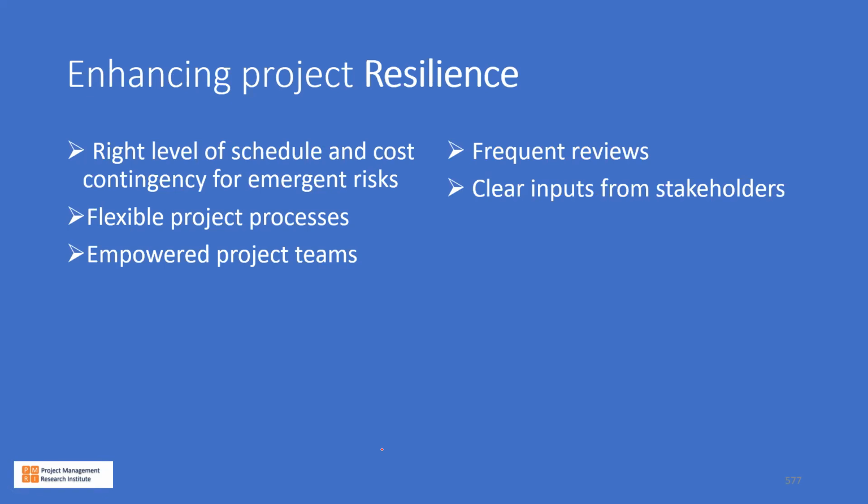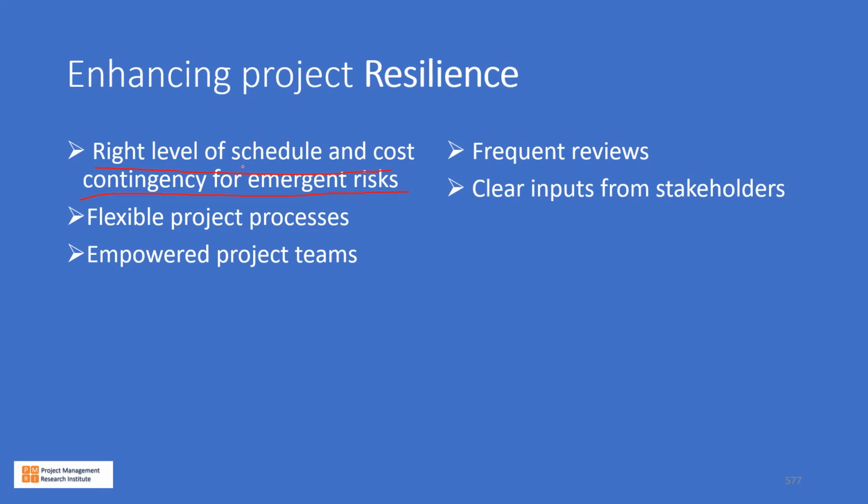Enhancing project resilience. Example, right level of schedule and cost contingency for emergent risk. So we make the projects resilient to the risk by adding contingencies to the durations as well as to the effort and cost.